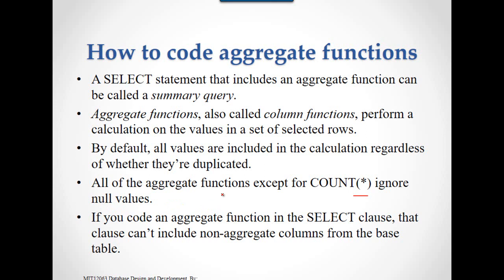All other functions such as sum, minimum, maximum, they all ignore the null values. Null values means, as we know, the values that are unknown. We don't know the value for those columns. So if there are any null values, they will be ignored by the aggregate functions except the count all function, because the count all function counts all the records in a table.